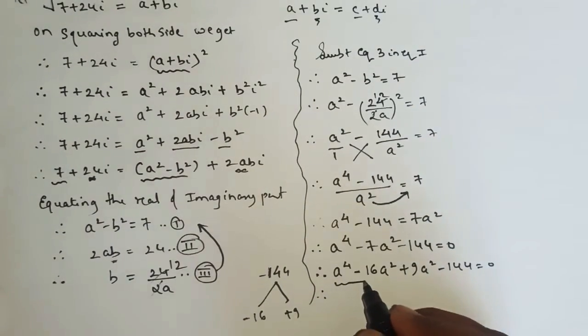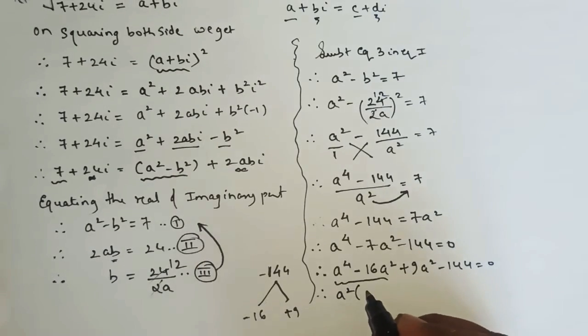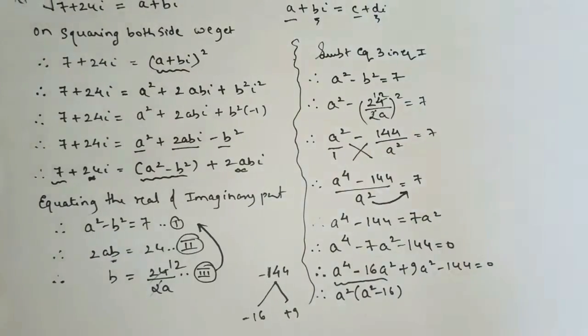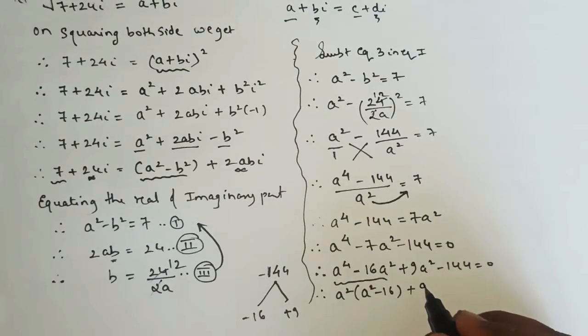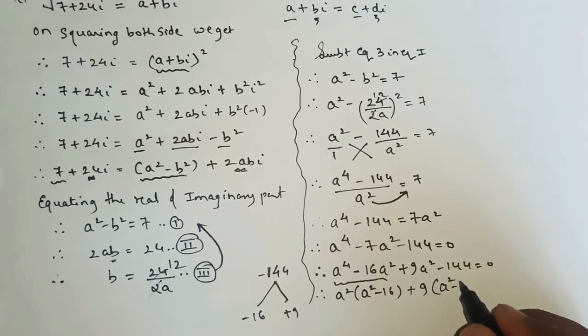After this, here clearly we can see that a square is common, so inside the bracket we will get a square minus 16. Yes or no?